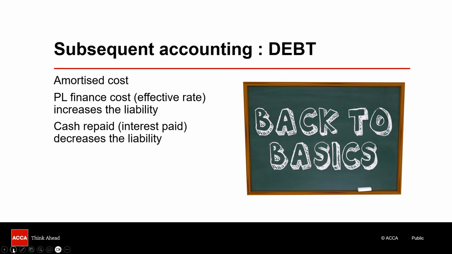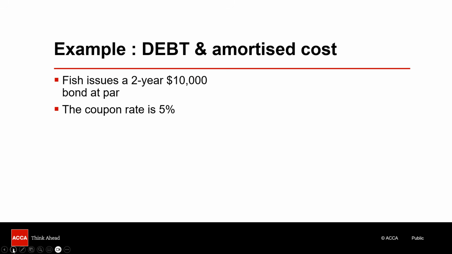And at the year end, this yo-yo has occurred because the liability's gone up with the finance cost, has gone down with the cash repaid, and you're left with a closing balance. And that closing balance at the reporting date is left alone. It is not revalued, which is why we call this amortized cost. Just because it's a cost, it doesn't mean it doesn't change, but it is not being revalued.